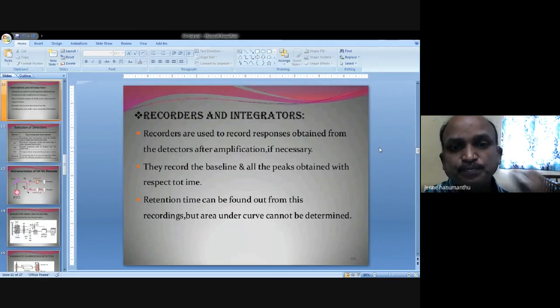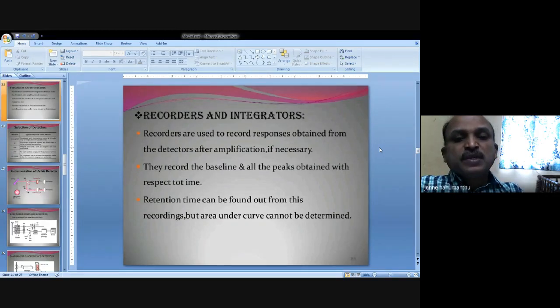Next, what are the recorders and integrators we can use in chromatography? Recorders are used to record responses obtained from the detectors, after amplification if necessary. So first you record the output of the column, and after that you amplify it, if it requires.